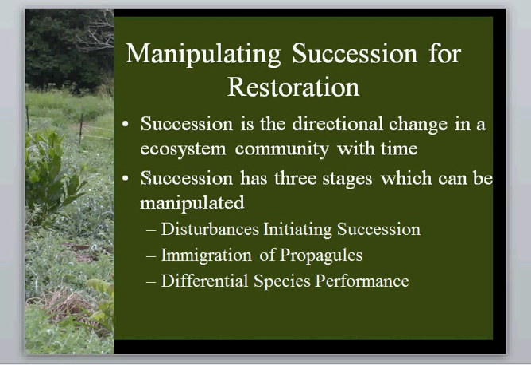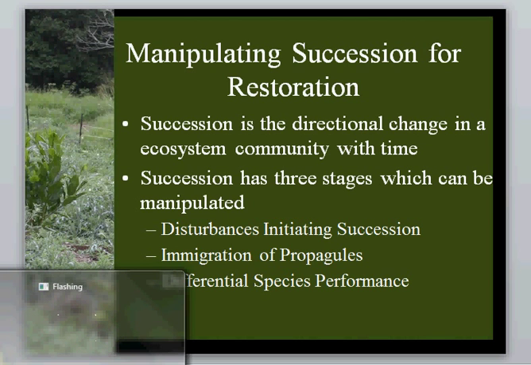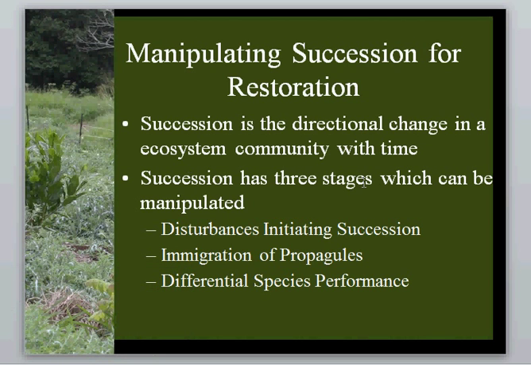Succession has 3 stages which can be manipulated, and I've got those 3 stages there. Disturbances initiating succession, so you can manipulate the type, the strength, the degradation, the destruction of the disturbance which starts off the succession. The second part of succession which can be manipulated is the immigration of propagules. We can manipulate what sort of species and what sort of stage those species enter the ecosystem which has been newly disturbed.